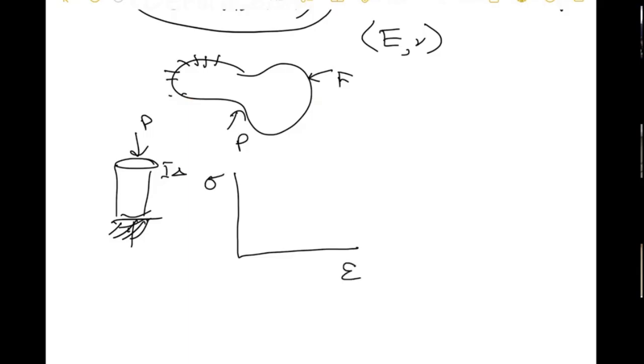You measure axial strain. And if you measure this, what you will get is a straight line. This is compression positive, right? And what's the slope of that line? Somebody, throw it out. E. Yeah, Young's modulus, right?